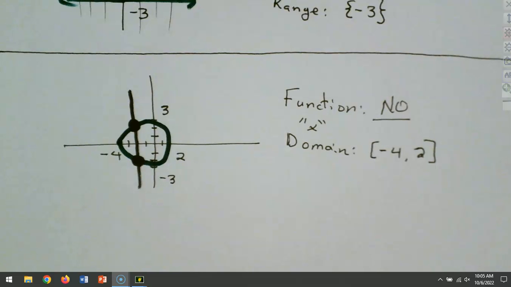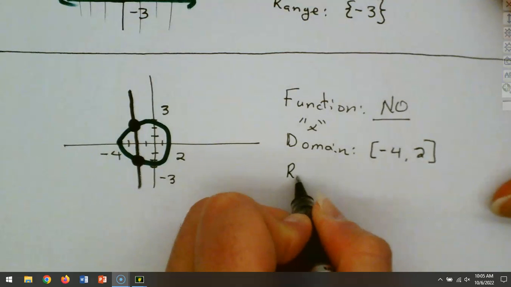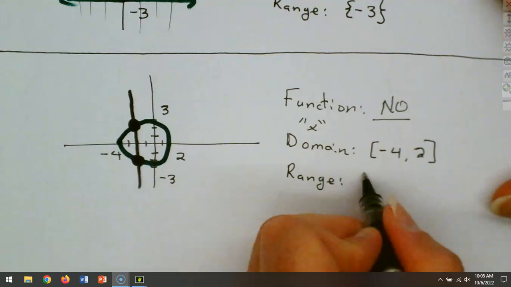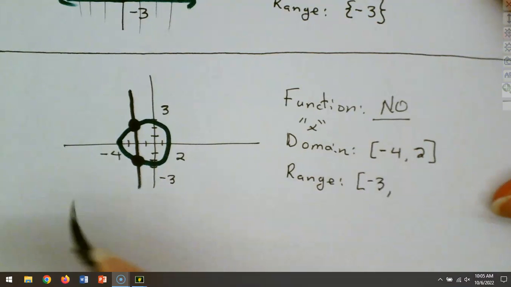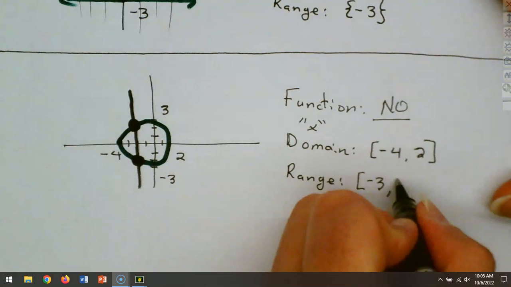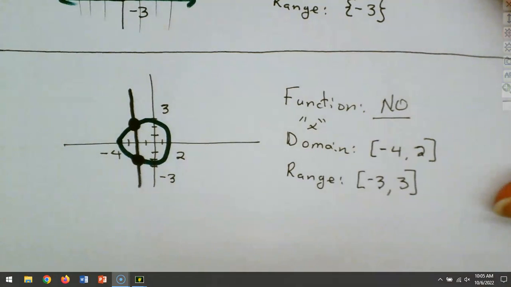What about the range? Okay, the range is a little bit different. And where does the range go from? Negative 3. It's as far as it goes down. And what's the highest value it ever goes to? Positive 3. So your range would be negative 3 to positive 3, right? Because that's your up and down component.